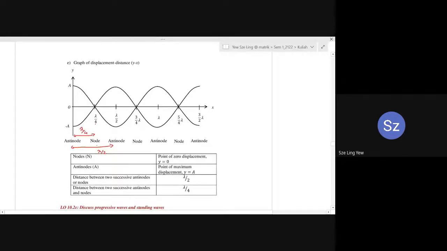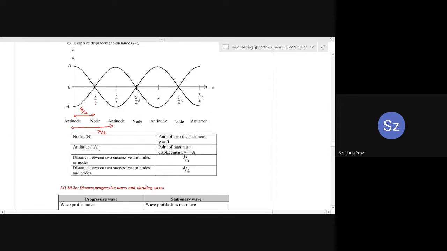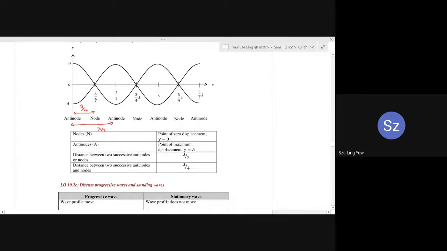All right, so every other distance is always the same. So node is the point of zero displacement. Antinode is the point of maximum displacement. The distance between two successive antinodes is lambda over 2, or the distance between two successive nodes, and the distance between two successive antinode and node is lambda over 4.